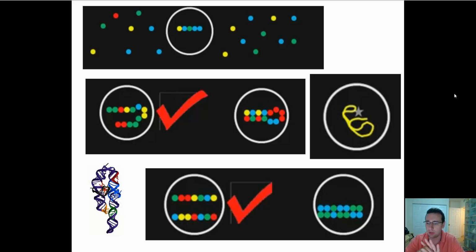Any structure that makes replication more difficult by making weird folds will be selected against. Any structure that actually makes replication easier will be selected for. And that's what you see in the second picture. Any molecule that forms secondary structures that give the molecules enzymatic properties, which help accelerate chemical reactions, will be selected for.